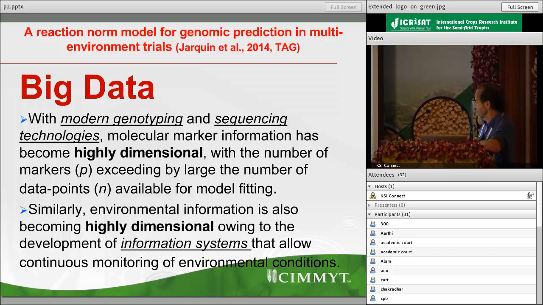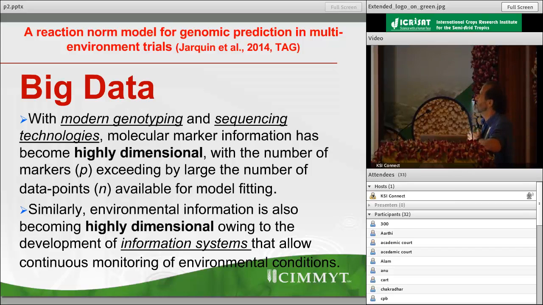The reaction norm model has been used a lot in animal science, and in plant science not much, but I think that this is a good solution for the genomic part, because we are using this highly dimensional marker data and highly dimensional environmental covariable data. The proposition is this: we propose a class of random effect models with the main effect of the markers and the environmental covariables and their interactions, okay?